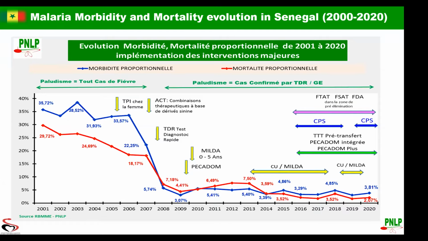So as you can see here, Senegal has been making a lot of effort for more than 20 years, 2 decades now, to really control malaria. And from 2000 to 2020, the malaria incidence, prevalence, mortality and morbidity dropped drastically from 35% to less than 4% for both morbidity and mortality.